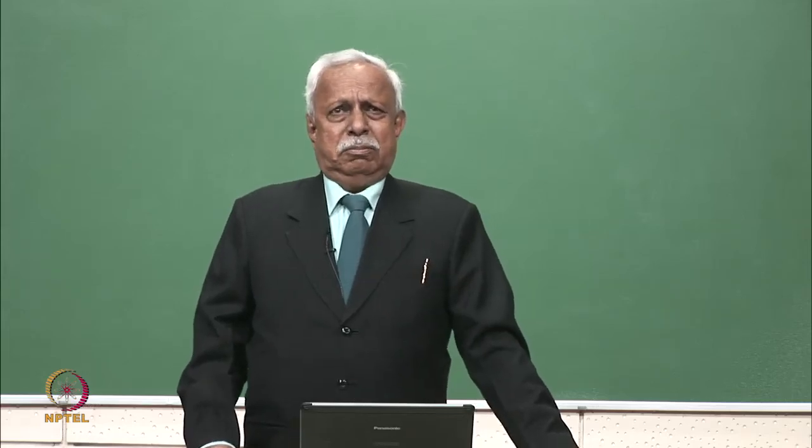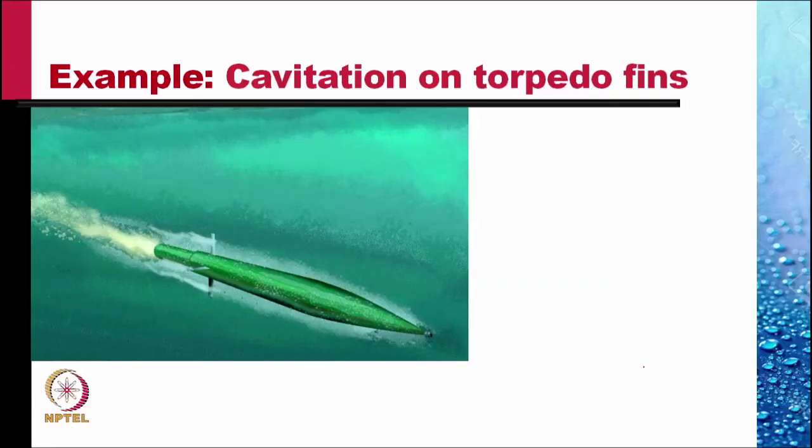Let's do one example: cavitation on torpedo fins. When a torpedo is moving under the sea, the velocity on the fins increases and so the pressure decreases. As the pressure decreases below the vapor pressure at that temperature, a vapor bubble is formed.